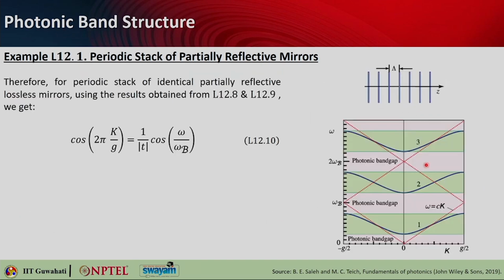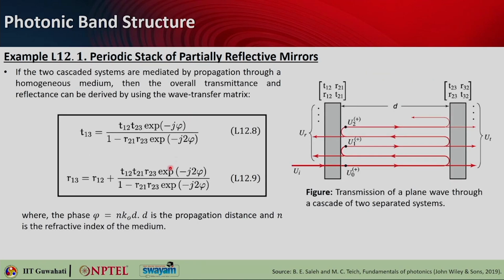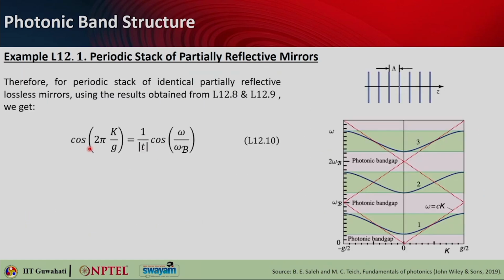So, with that, what we learned is that we understood the overall reflectance and transmittance, and for this periodic stack of identical partially reflective lossless mirrors, using these equations, you can obtain the dispersion relation, or you can find that cos of 2 pi k by g is nothing but 1 over mod t cos of omega over omega b.